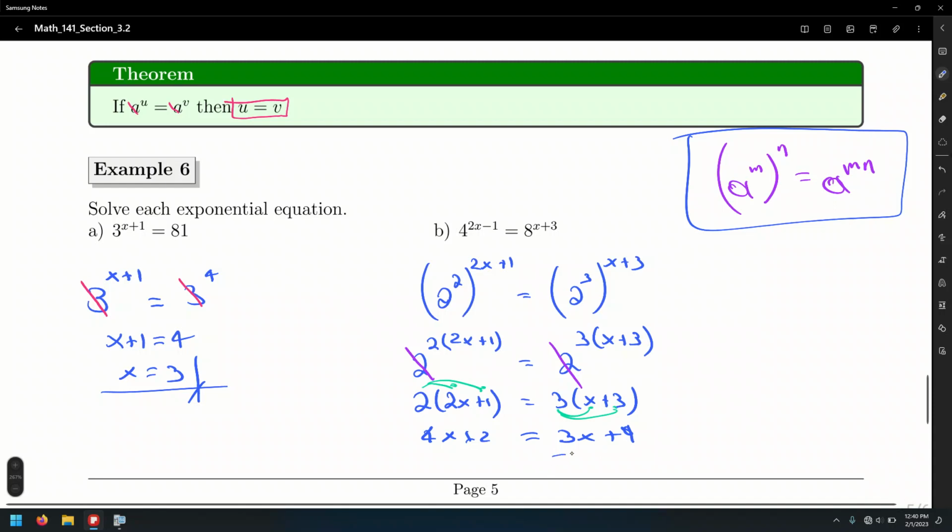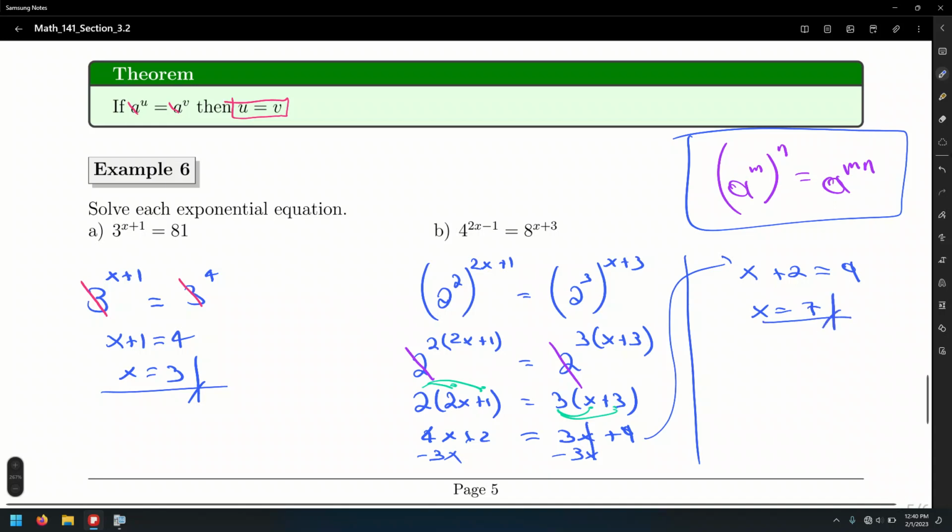So I'm going to subtract 3x on both sides, and that leads us to 4x minus 3x, which is simply x, plus 2 equals 9. We're only one step away from getting x by itself. x equals 7. And that's a really nice number.